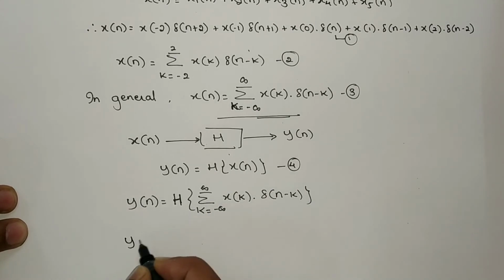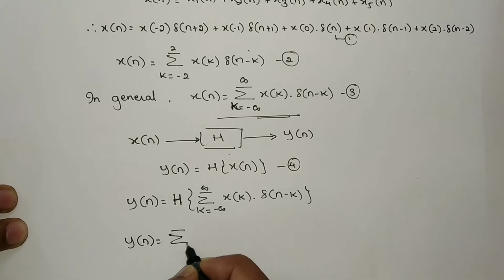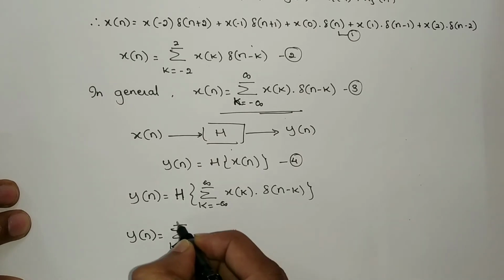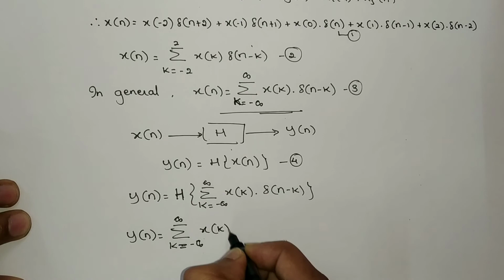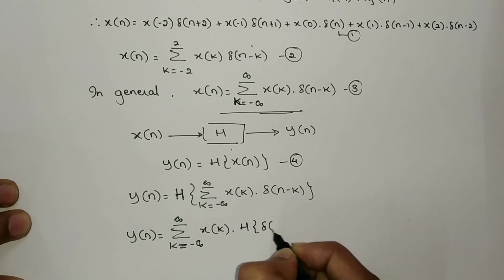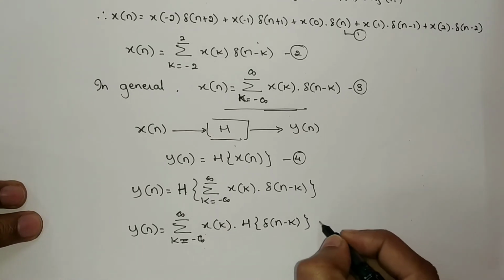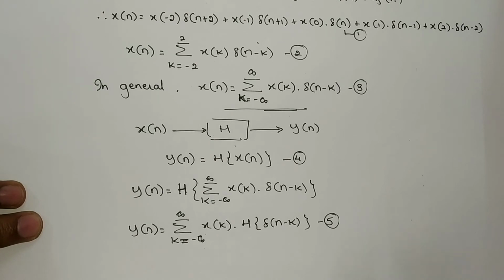So we can rewrite it as y of n is equal to summation of k is equal to minus infinity to plus infinity x of k into h of delta of n minus k, marking it as equation number 5. Okay, from the above equation, since operator h is operating for discrete time signal n, x of k doesn't contain any n terms, delta of n minus k contains the n terms, so operator h is operated for delta of n minus k.